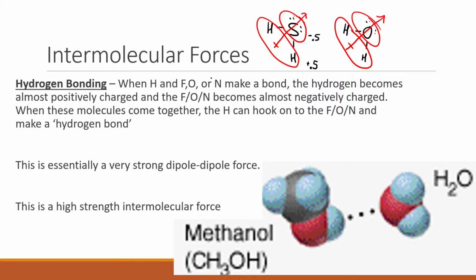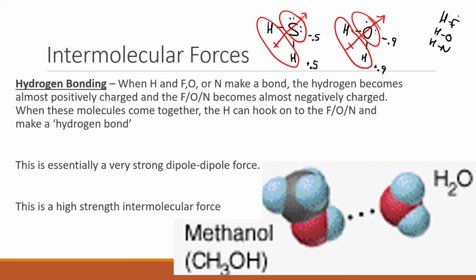When we look at HF, HO, and HN, the negative is much stronger, which makes the positive much stronger.